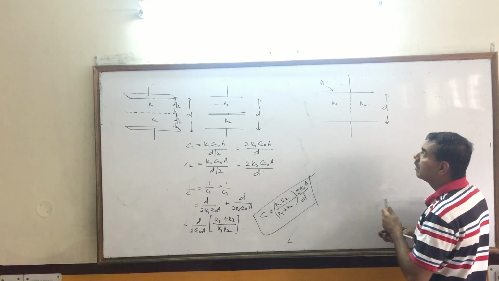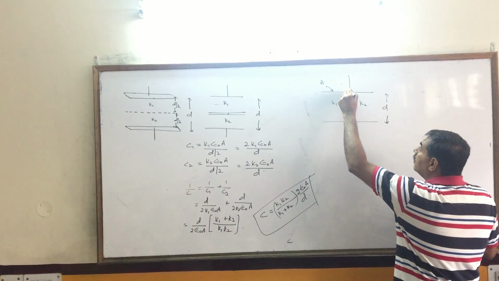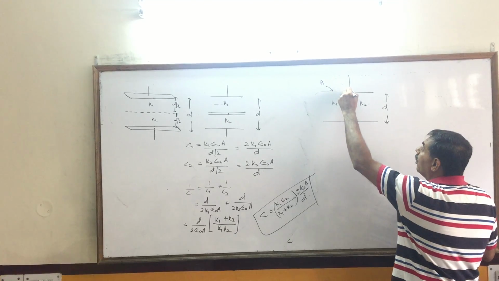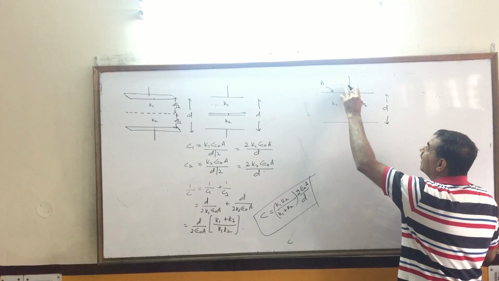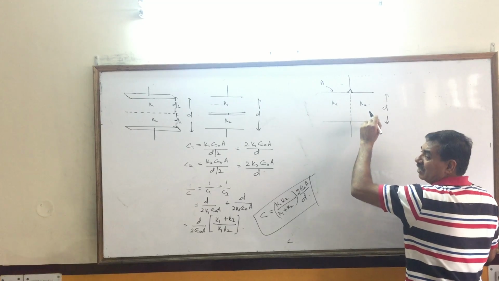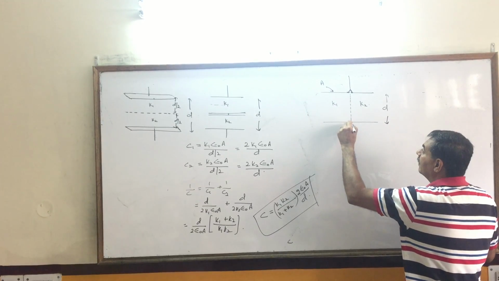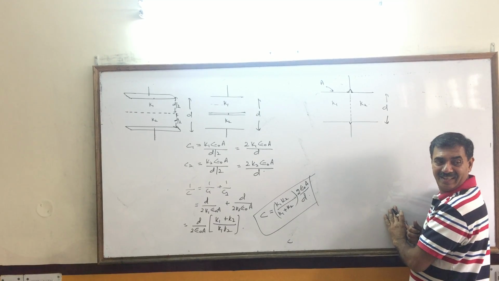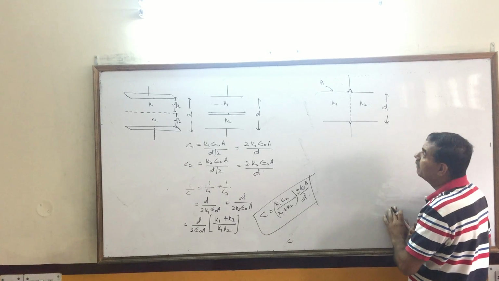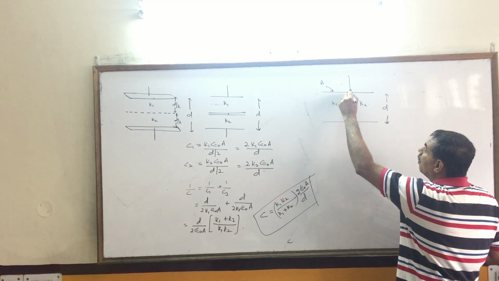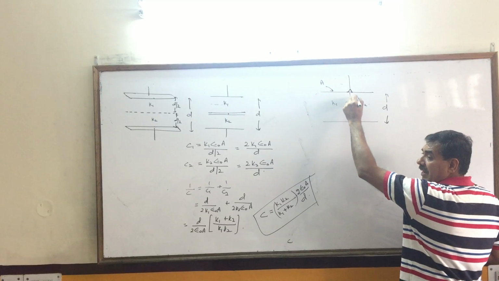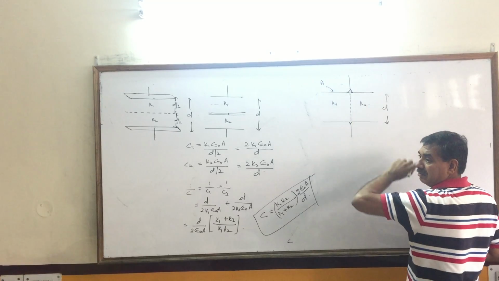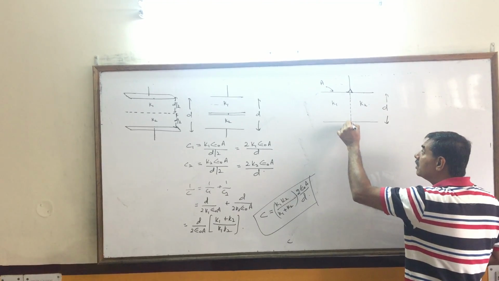See the children. This plate and this plate can be assumed as two separate plates joined here. ठीक है? With zero gap in between them. Okay? I hope you are able to visualize it. I have assumed a zero gap between the plates. This plate is joined here. This plate is joined here.